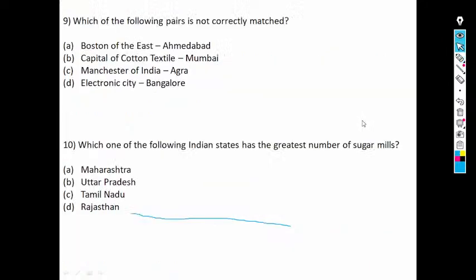Next, look. Which of the following pairs is not correctly matched basically? Just remember, not correctly matched. Boston of the East, Ahmedabad. Capital of cotton textile, Mumbai.